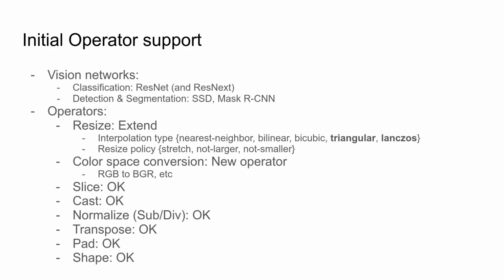And it would also be useful to introduce new resize policies so that we can resize to a minimum or maximum shape, but keeping the aspect ratio. We will also need a new color space conversion operator. This is only the first set of operators, and we will extend to support other networks after preprocessing is incorporated to the ONNX ecosystem.